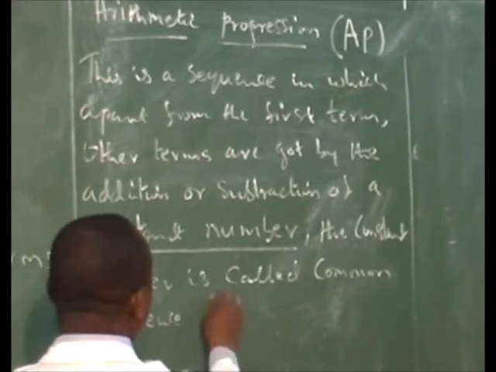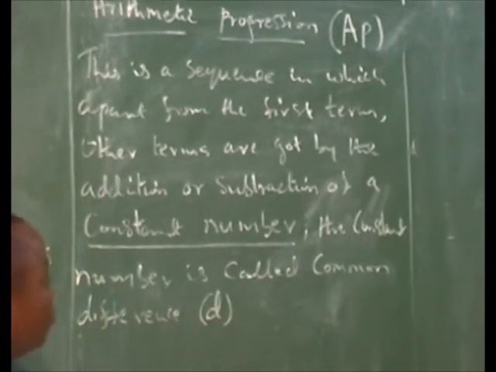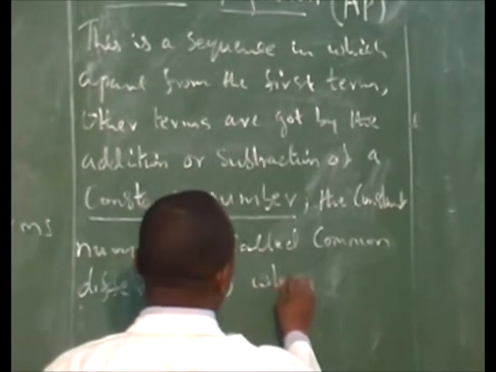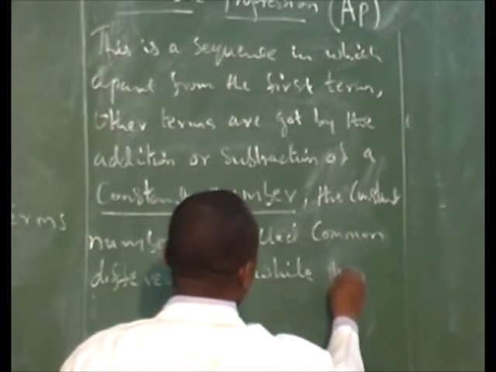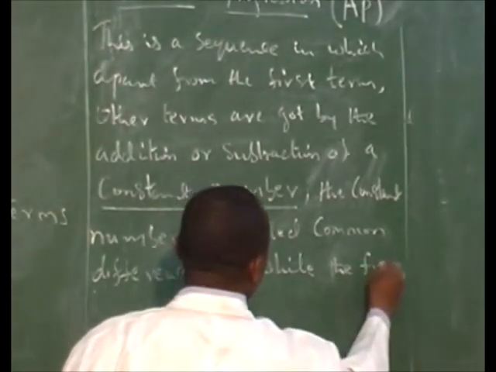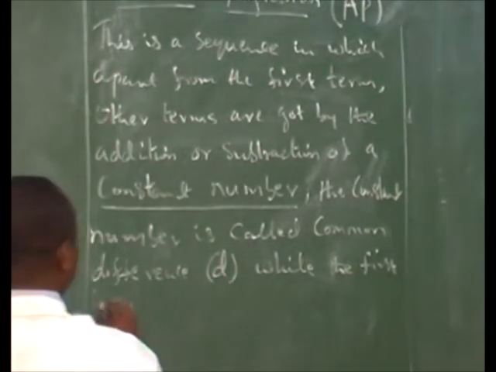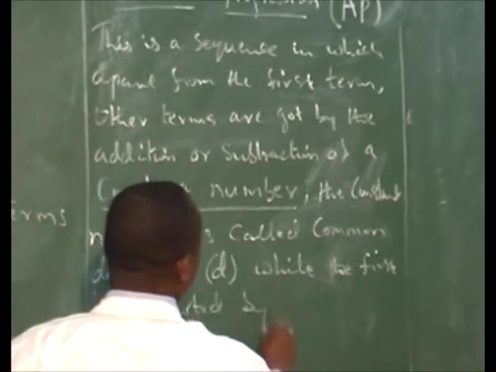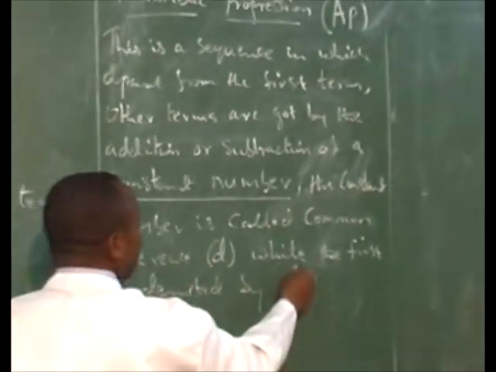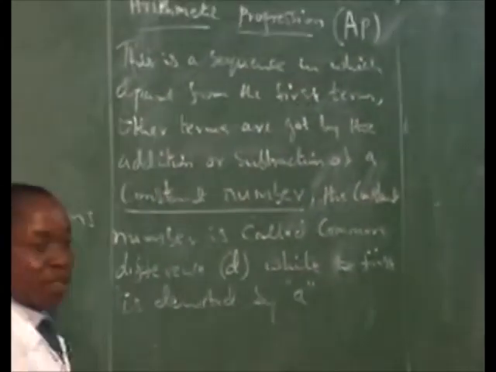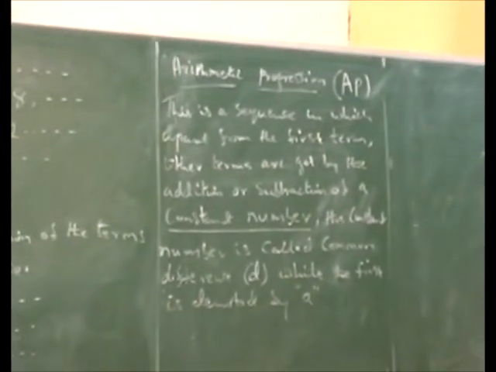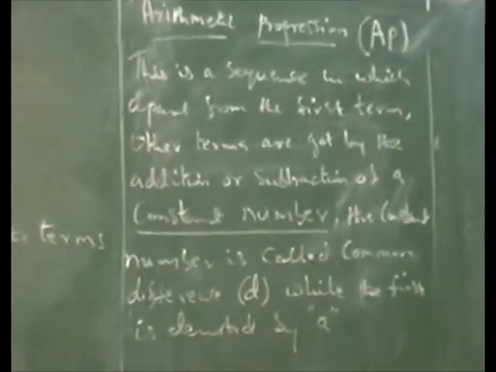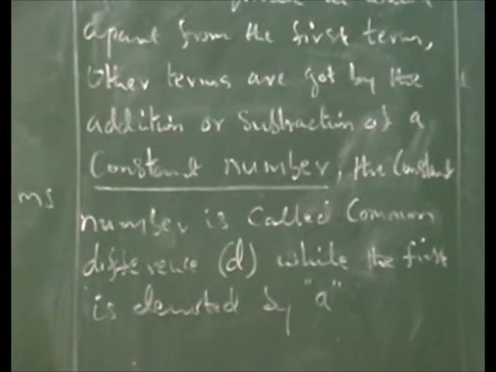We denote it by D, common difference D, while the first term is denoted by A. First term is A, and then the common difference we denote it by D.